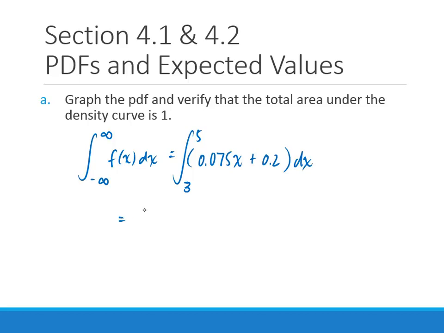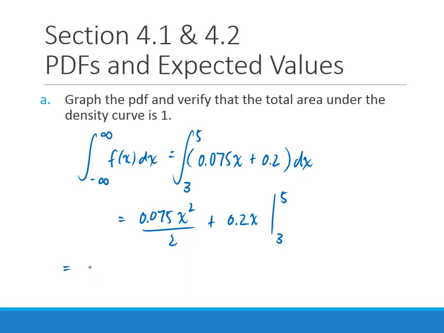Of course we all know how to take integrals of polynomials, so this is just 0.075 x squared over 2 plus 0.2x, and I want to evaluate that at 3 and 5.